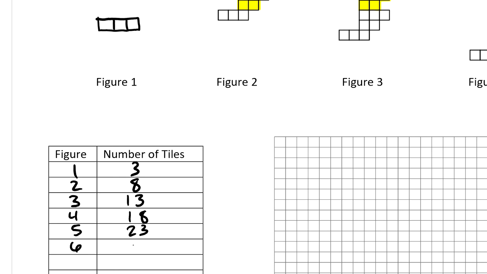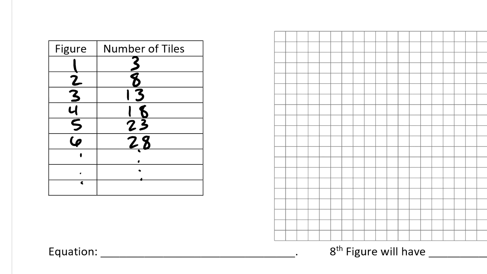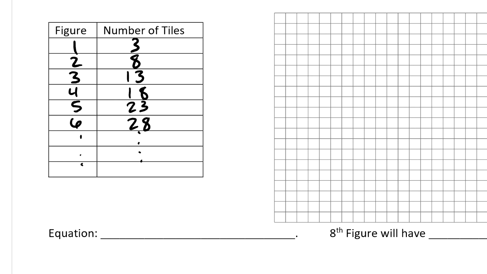Figure 6 added 5 more, was at 28, etc. If I extended that pattern, I could figure out the 8th figure here. Continuing the pattern for the 7th, add 5 and I'm at 33, and add 5 more, I'm at 38. So this says the 8th figure will have a total of 38 blocks.